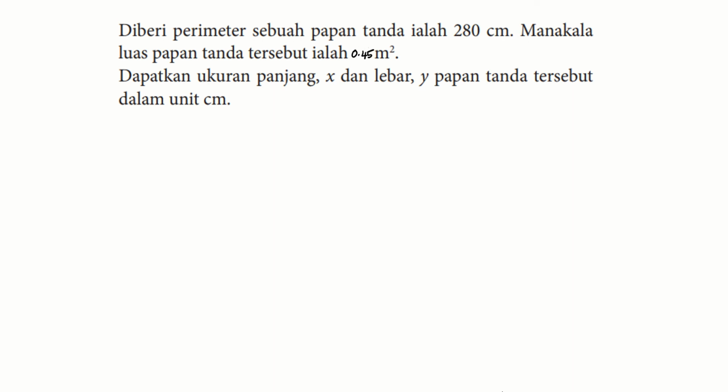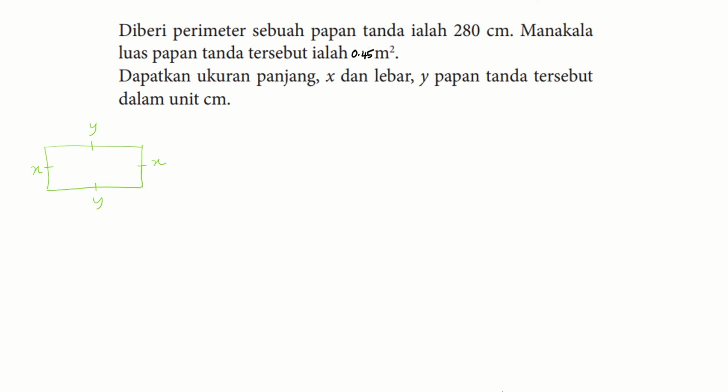So before that, let's draw the signboard. So let's say this is our signboard. This is our x and this is our y. So say that this is also x, this is y.